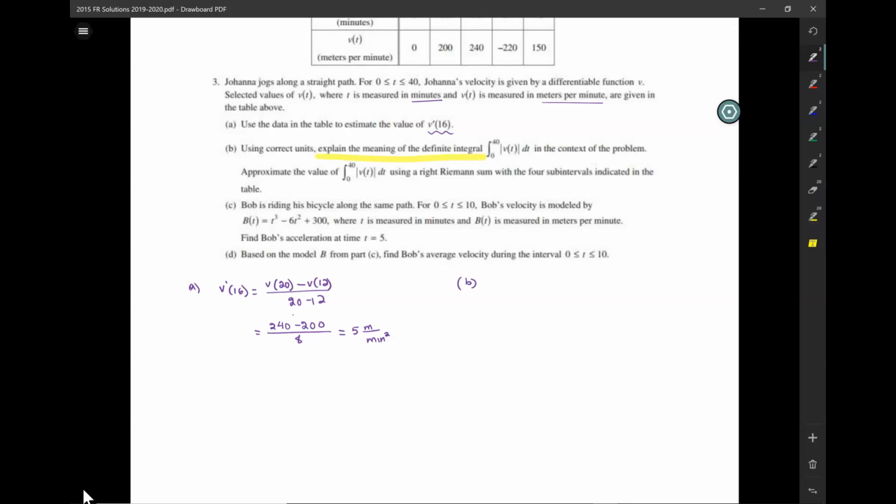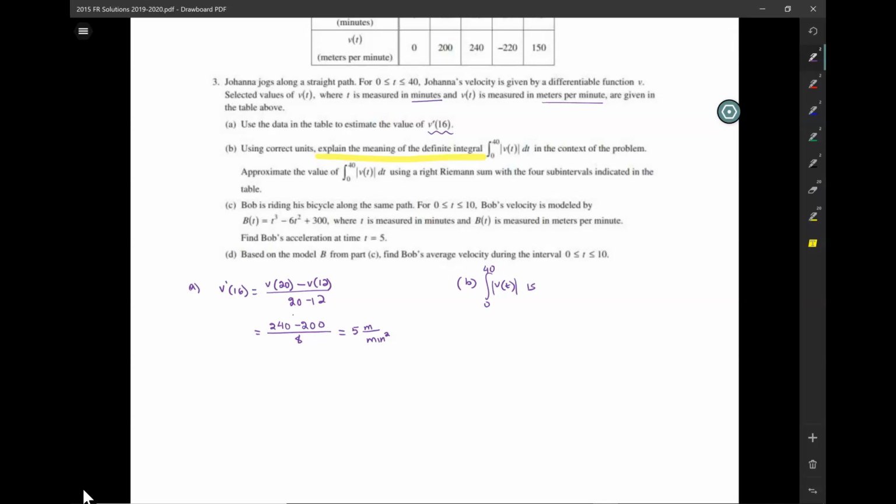Okay, what is the meaning of this? Displacement, the total of the velocity. Not displacement. Is it total distance? It's absolute value.